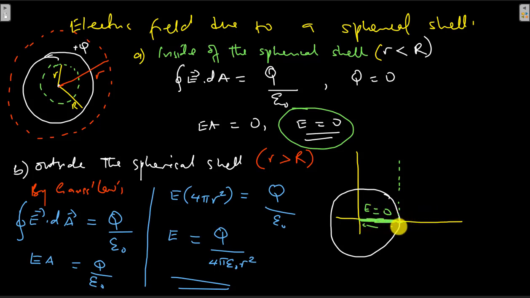From here to here is a distance of r, the radius of the sphere. Then outside the sphere, the electric field is inversely proportional to the square of the distance. So it follows the inverse square law.